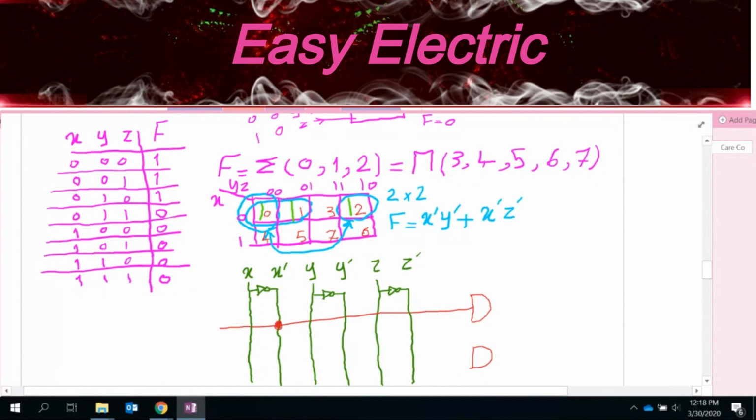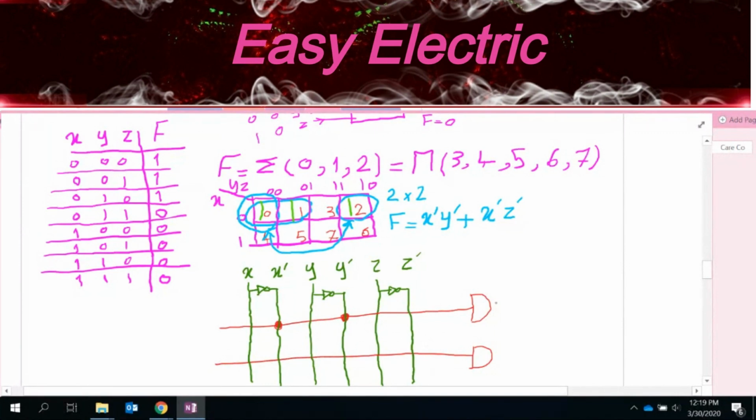I put 1 circle here, which is x prime, and the next one should be y prime. It means this AND has 2 inputs. One is x prime and another one is y prime, right? It makes that more organized. But you could directly have 2 inputs, okay? But again, if you use this format, especially whenever you have too many gates, it keeps your drawing more organized.